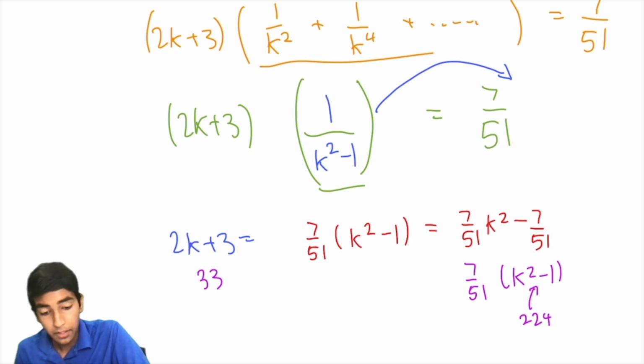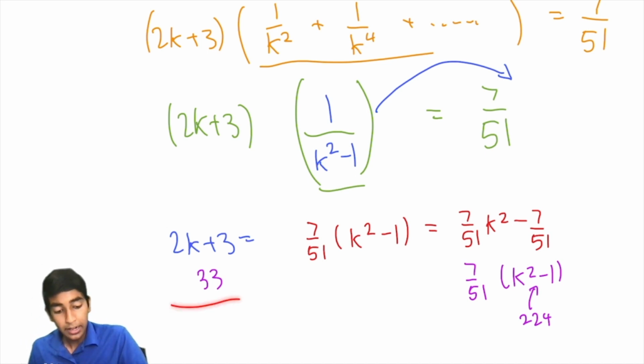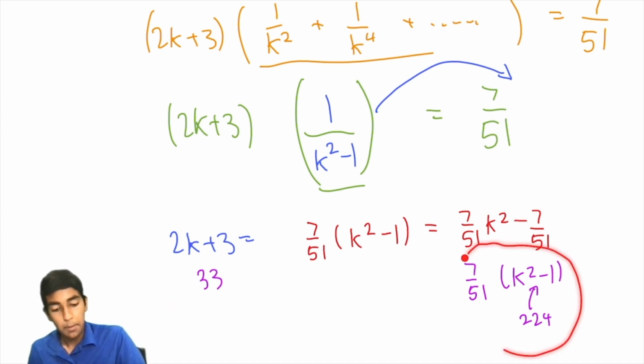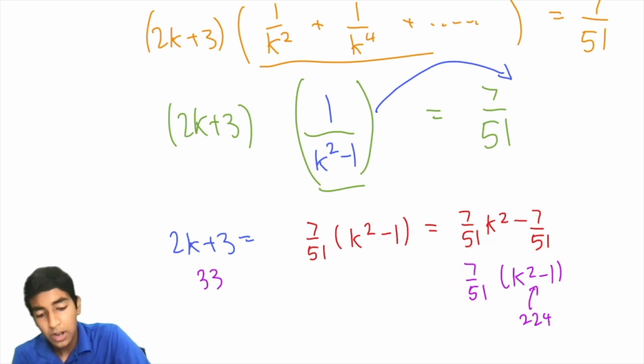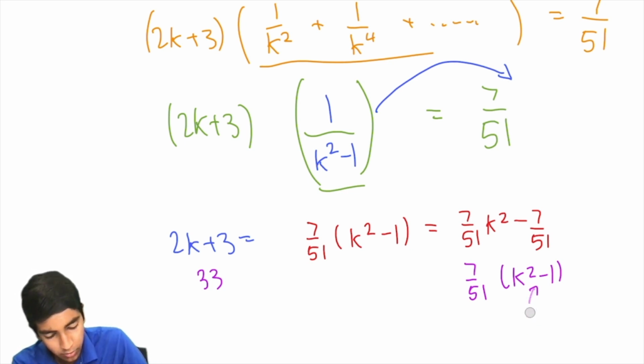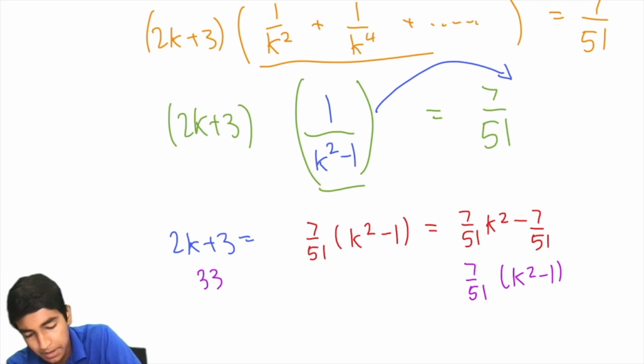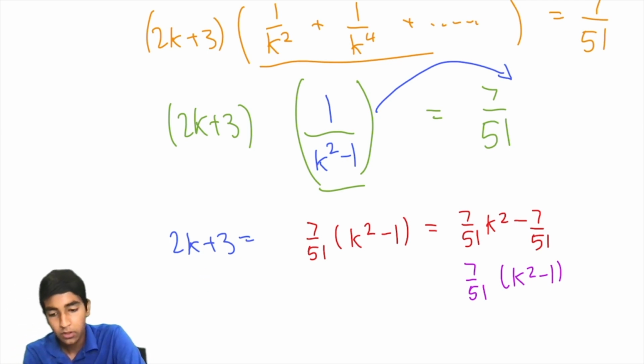But the left side is an integer. The right side will not be an integer, because 7 over 51 times 224 is not an integer. Now, we know 15 didn't work. Is there any other nearby value we can maybe try? One that would make the right side an integer?